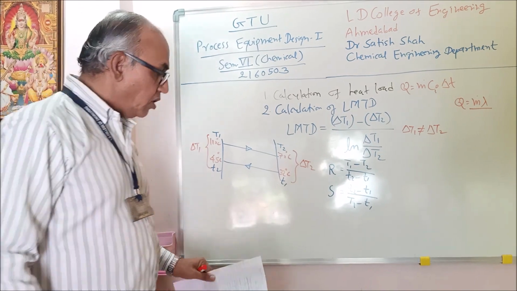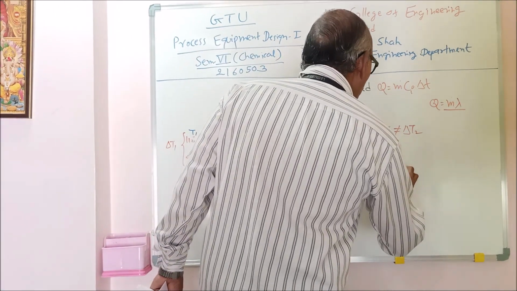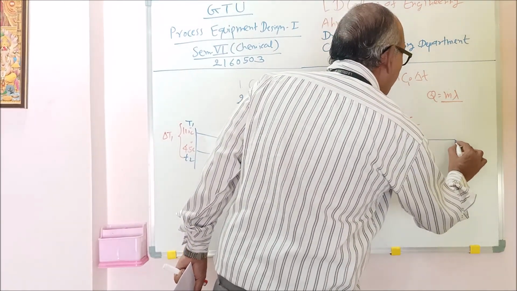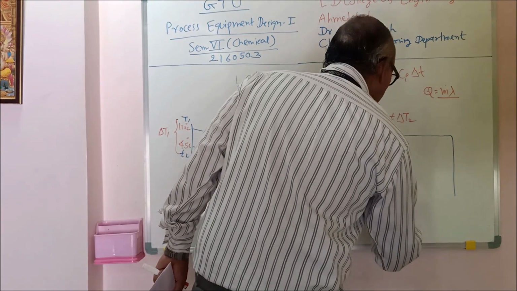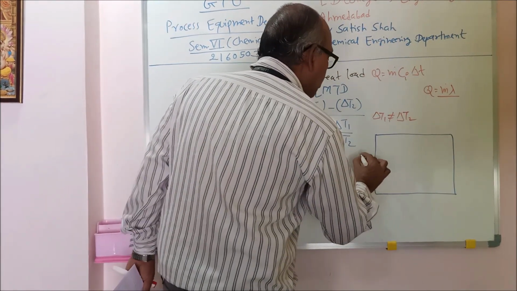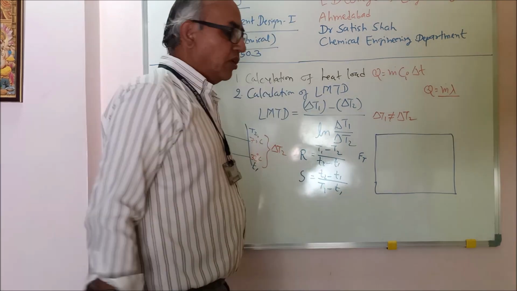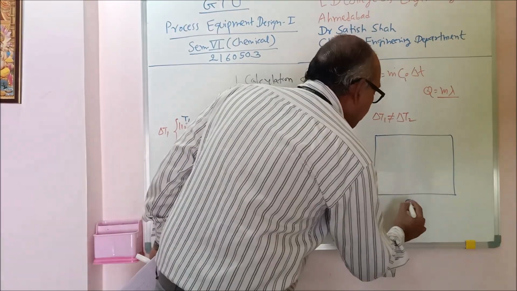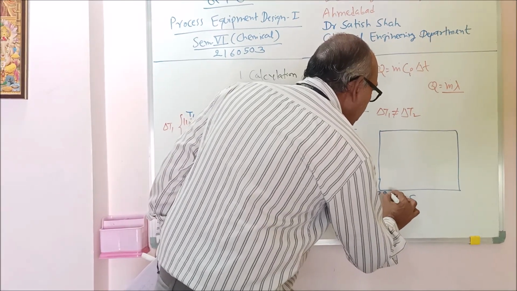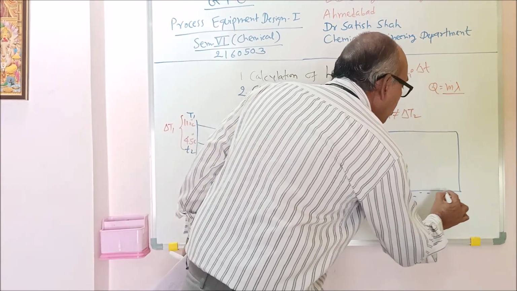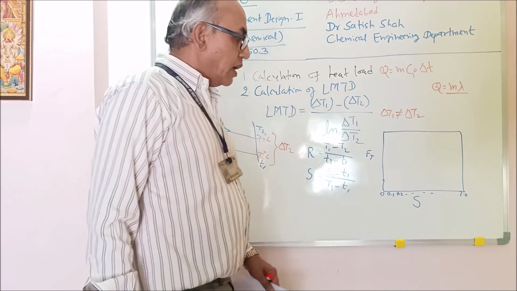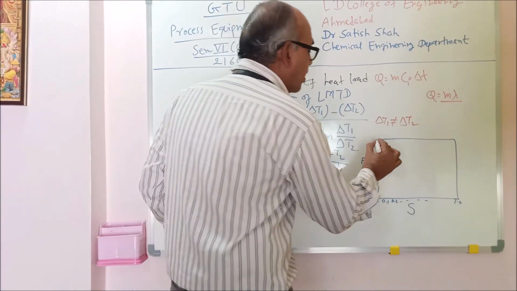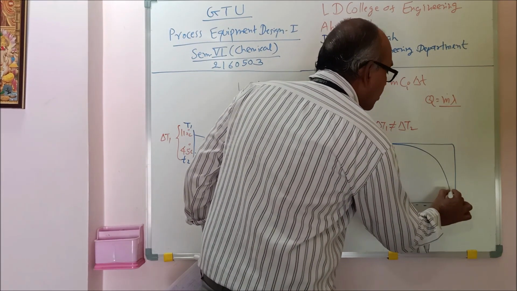Now we have the nomograph available in the book, and that nomograph is like this, where we have on this side Ft, that is the correction factor, and on this side I have the value of S, that is between 0, 0.1, 0.2 up to 1, and I have different values of R, which is something like this.